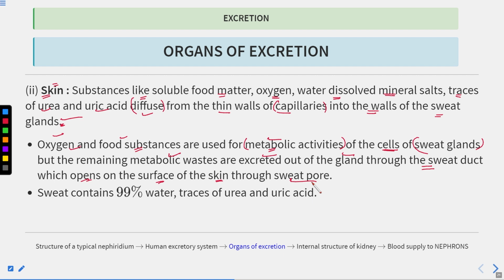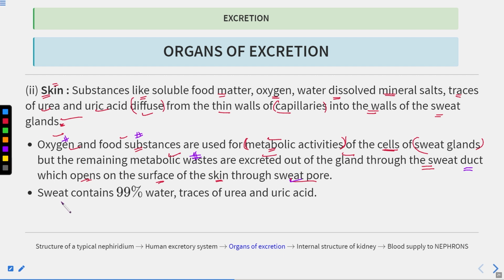This means that there are some metabolic activities that require oxygen and the food substances, and because of these activities, metabolic waste is produced, and this waste is excreted from the sweat gland through the sweat duct, which opens on the skin.